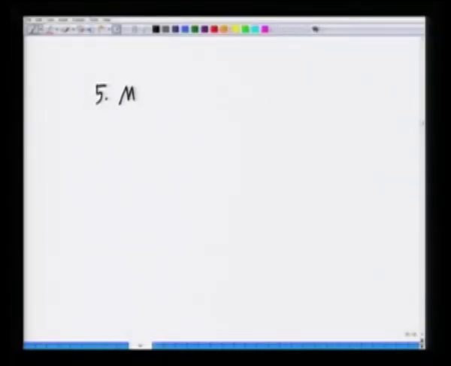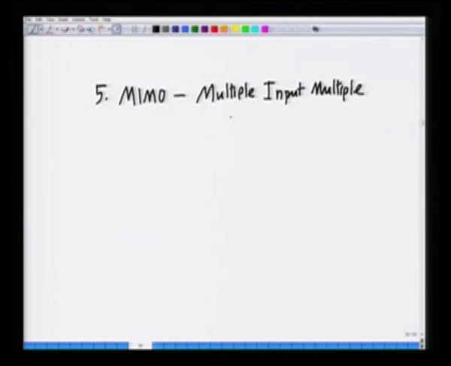And the fifth topic we are going to look at is another very important technology for 3G and 4G wireless communication systems, that is MIMO, or multiple input, multiple output communication systems.